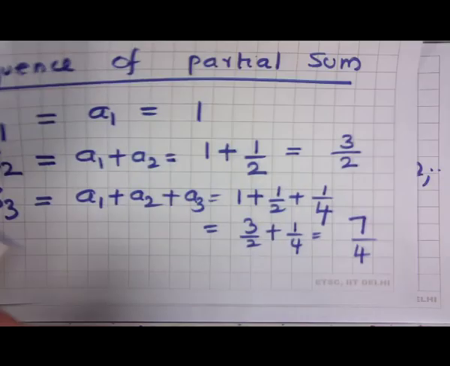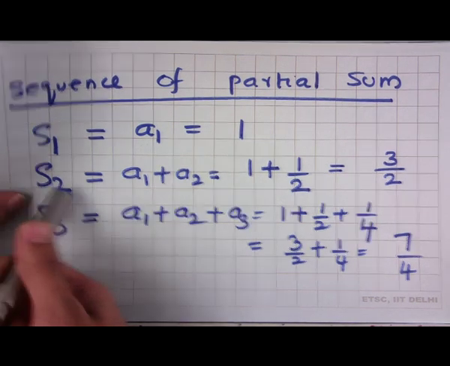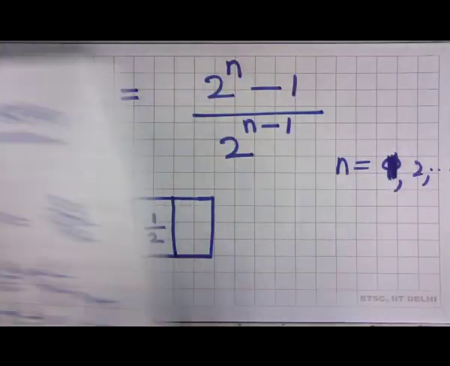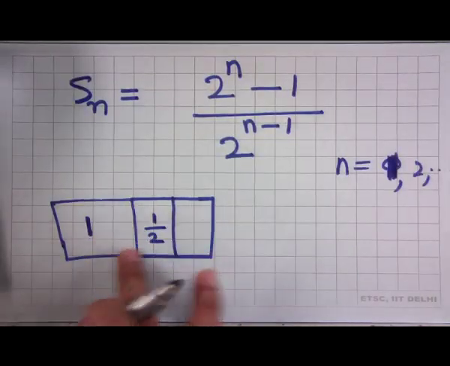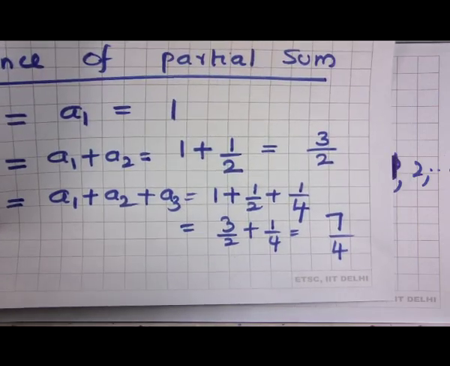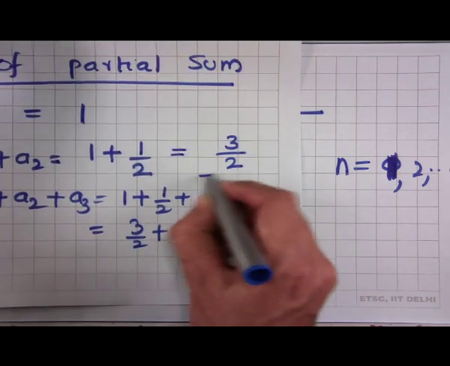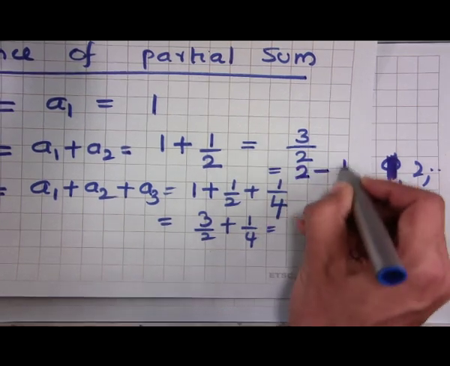The second term in the partial sum S2 can be attached with the area of the first square plus half of the area of the second square. So, S2 is total area, which is 2 minus half.